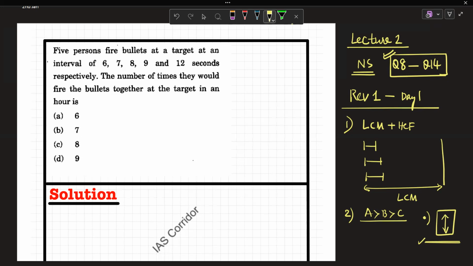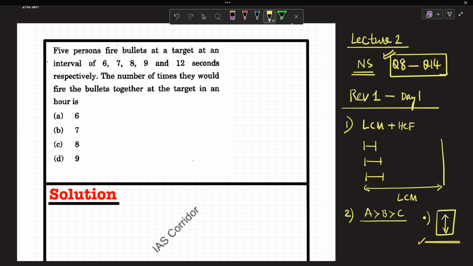Once you know the demand, you can see the statements from that lens and try to fit that this is the inequation that is required.